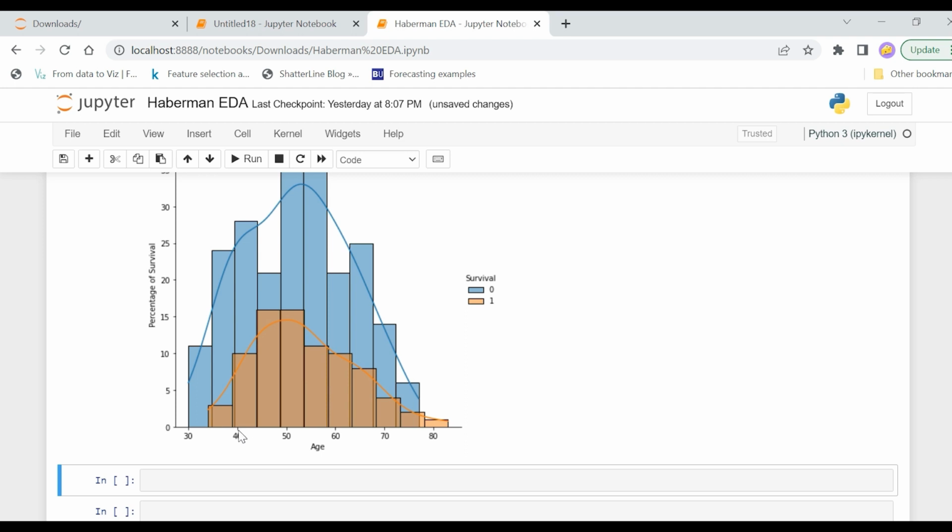So I can say that around 40, this is the starting point of this histogram here. It is not actually 45, lesser than that, I mean 43 kind of, and this is 55. I can say that 43 to 53 you can keep.